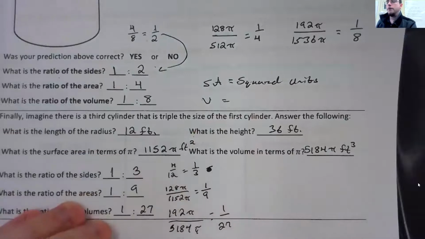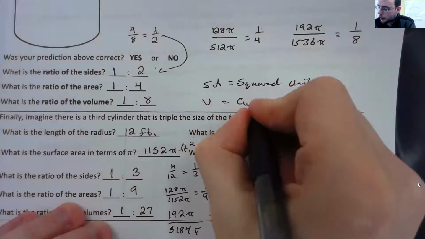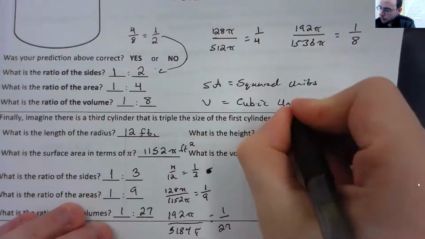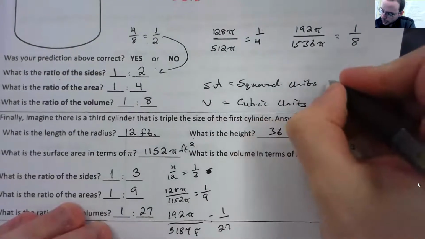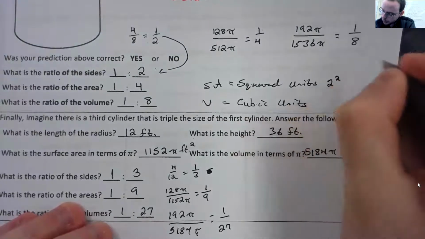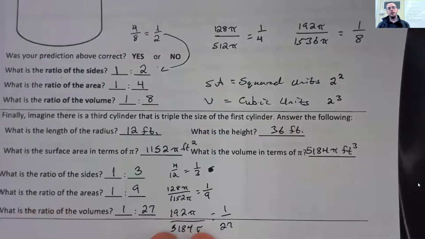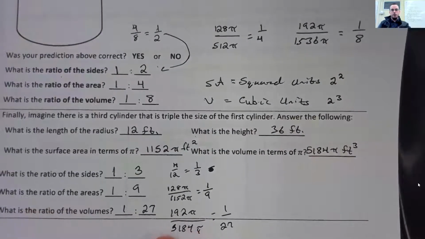And what do we put for volume? Well, volume would be the cubic units. So this would be raised to the power of 2, excuse me. And then this would be raised to the power of 3. And that's the reason why this ends up working.